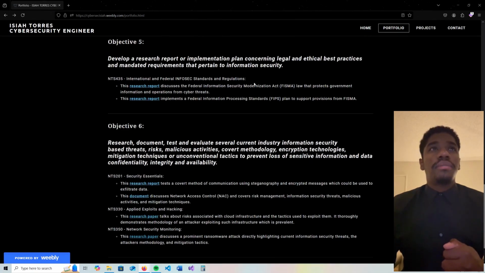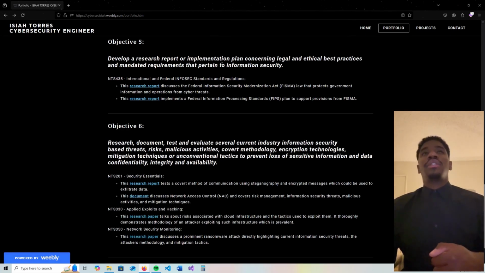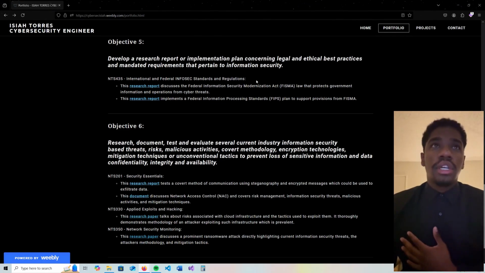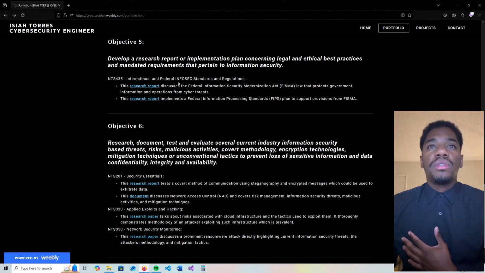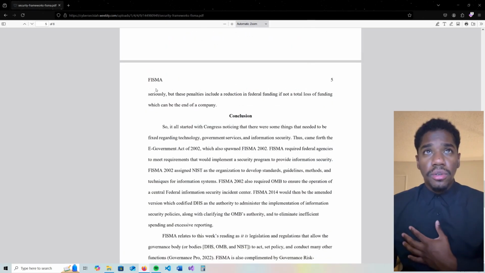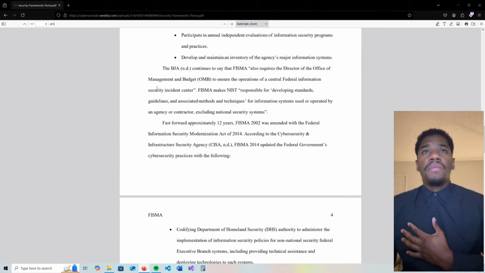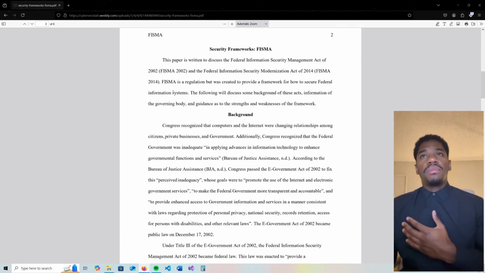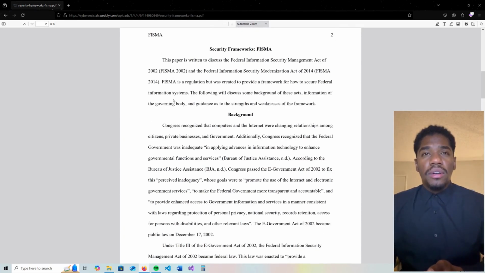So objective 5, a research report or implementation plan concerning legal and ethical best practices. So I decided to do a research report on FISMA because I was interested in how federal information systems are secured and what the governing bodies of that are. What are the laws regarding that? And FISMA is one of the laws regarding federal information systems.